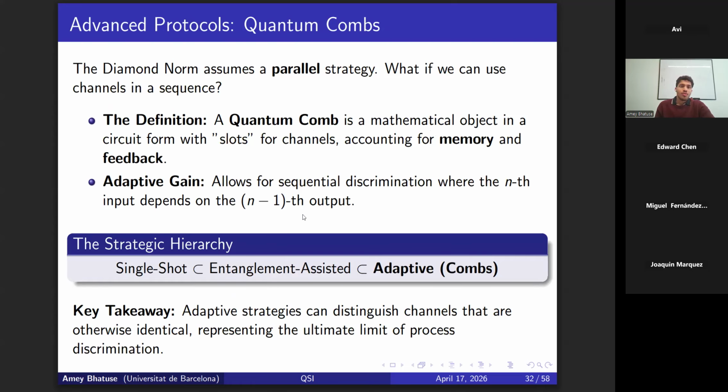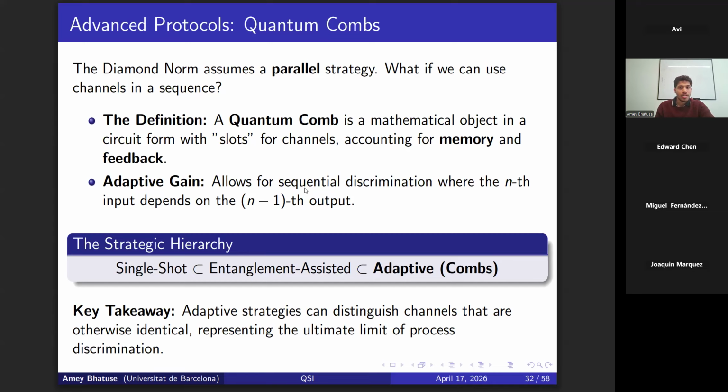Okay, now let's go a step ahead. We saw that the diamond norm assumes a parallel strategy where you have a system and a reference. But what if we can use these channels in a sequence? I have only mentioned this quantum comb here, but it's actually a very advanced concept, which is why I haven't mentioned any math.